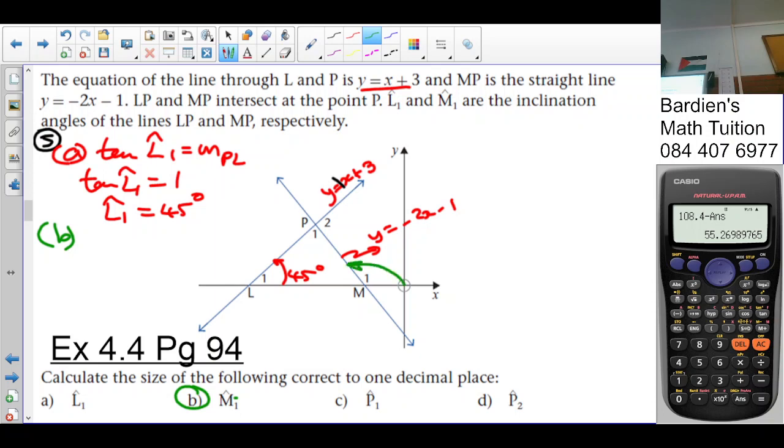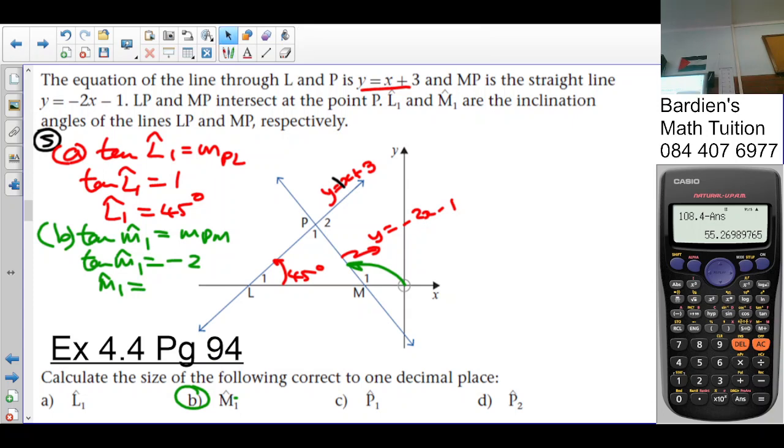So we say tan angle M1 is equal to the gradient of PM. So tan of angle M1 is equal to negative 2. Arctan of negative 2 is negative 63,43. You add 180 to it. It's 116,6 degrees.